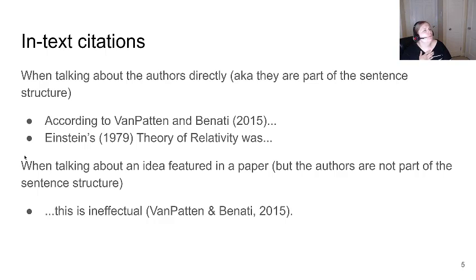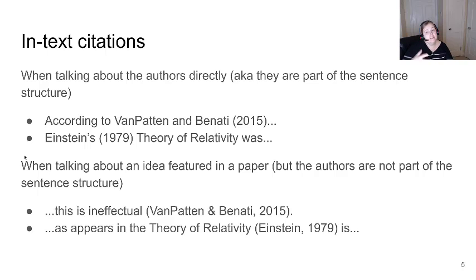Like, research suggests that explicit alone is ineffectual, right? So that's what the idea would be here. If I'm talking more broadly, then I cite Van Patten and Bonatti, it's kind of like a for example. And sometimes you literally say for example, or see for example, or cf., or e.g., or whatever. But that's the kind of way you would use it, right?